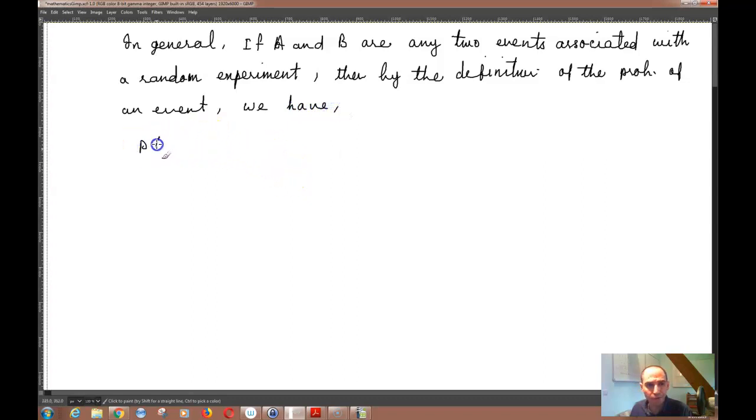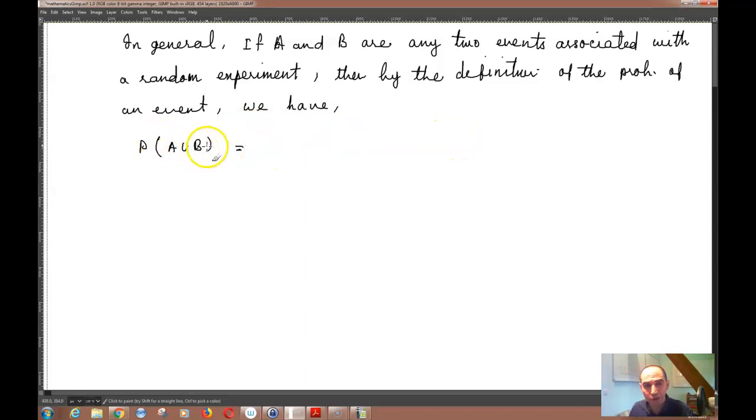P of A union B is the same thing as sigma of P times omega of i. I think there is something wrong in here, or maybe the P is supposed to be an uppercase P. I don't understand that. So let's see.